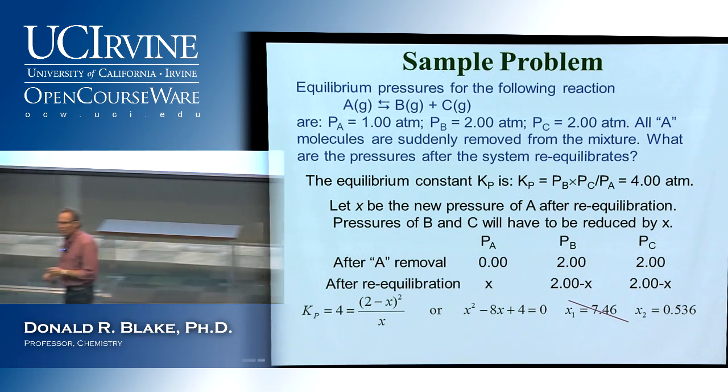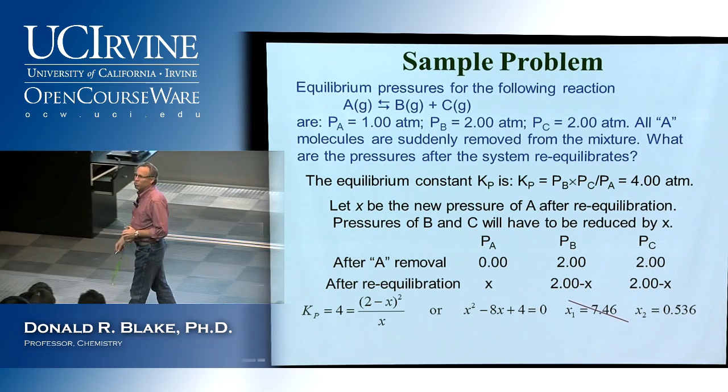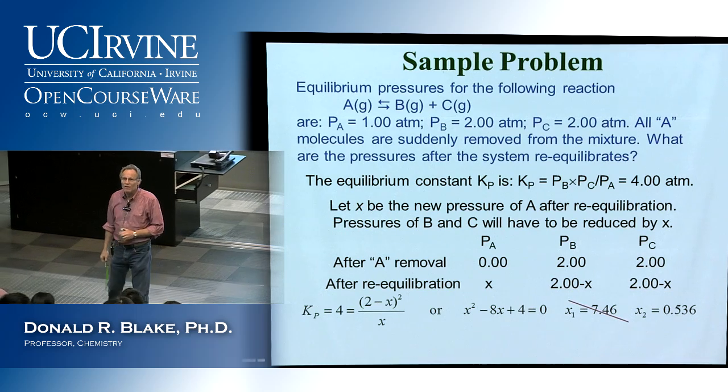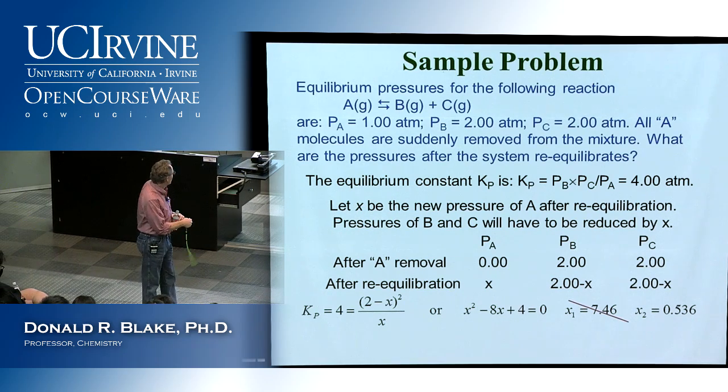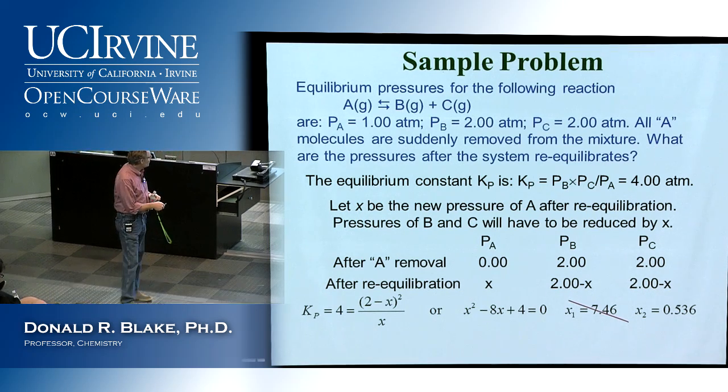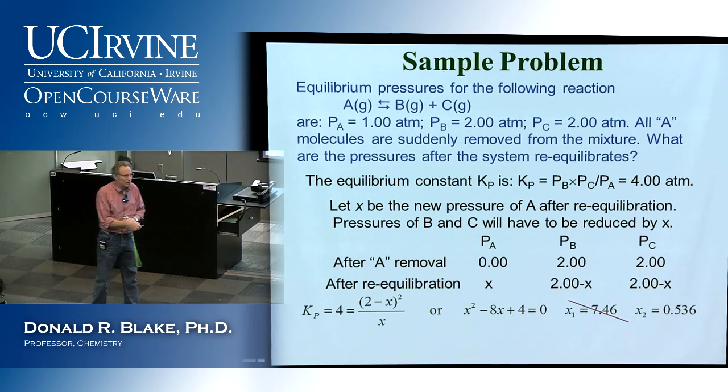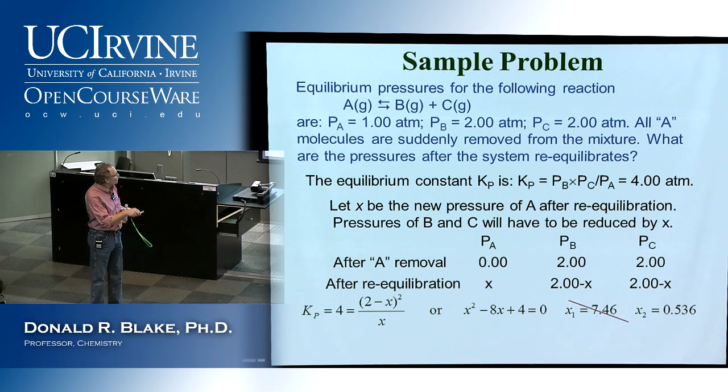Always, if you have a chance, plug your values in and see if they give you back the right answer. If you make that a 0.5 and make that a 1.1 and a 1.1, you're going to get very close to 4.